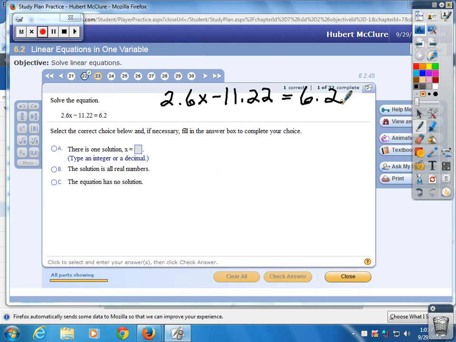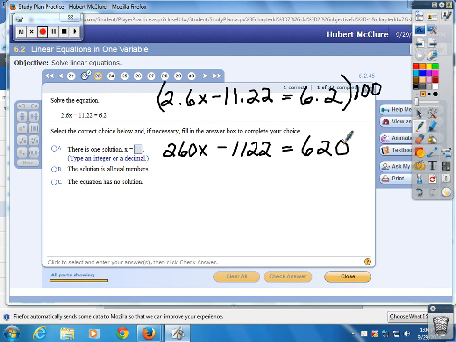So do that. That means you're going to move the decimal 2 places to the what? Right. So that'd be 260x minus 1122 is equal to 620.